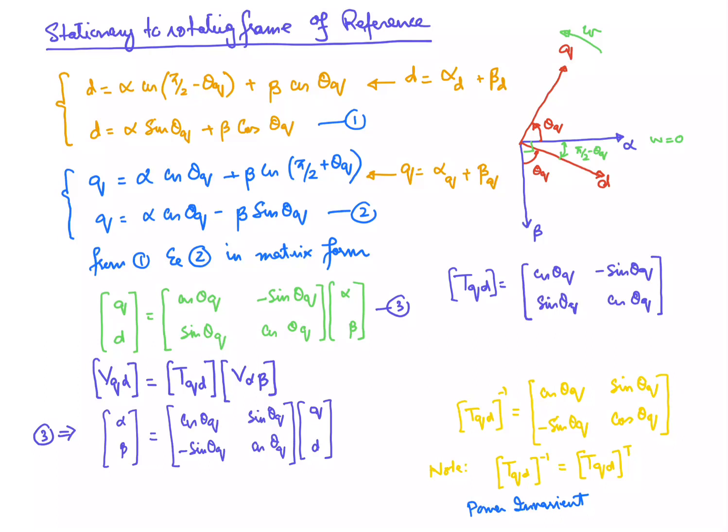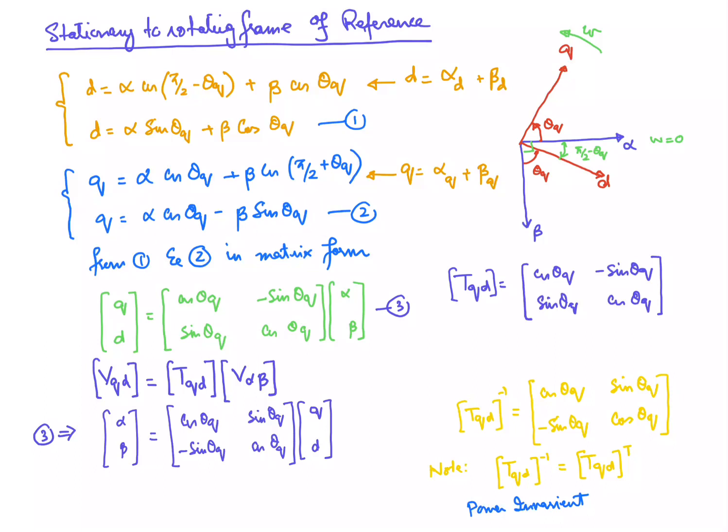Here you can see that first of all, taking the projection of alpha along q, you will have to consider this angle, that is theta q. So alpha into cos of theta q, plus beta into, now taking the projection of beta over the q, we will have this angle. This angle is pi by 2 and this angle is theta q. So pi by 2 plus theta q, cosine of that will give you the projection. Applying the trigonometric identity, this can be written like this.